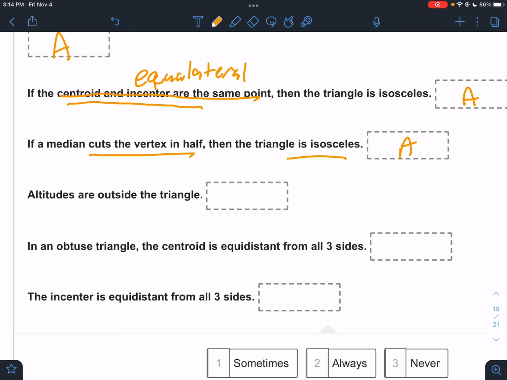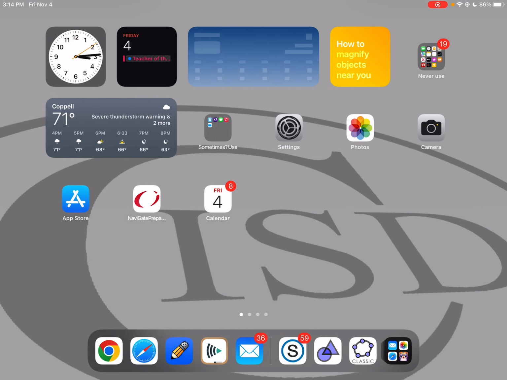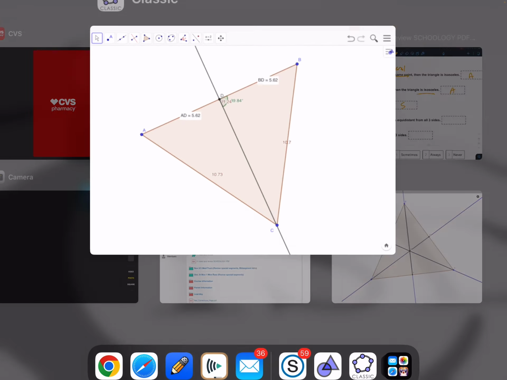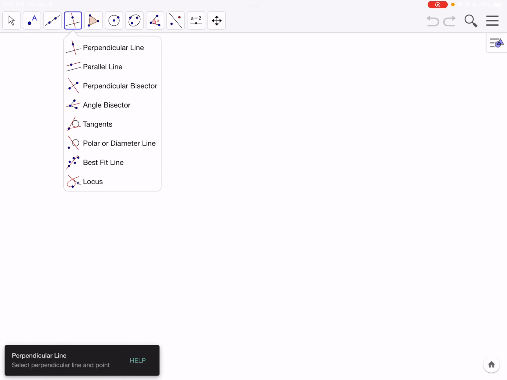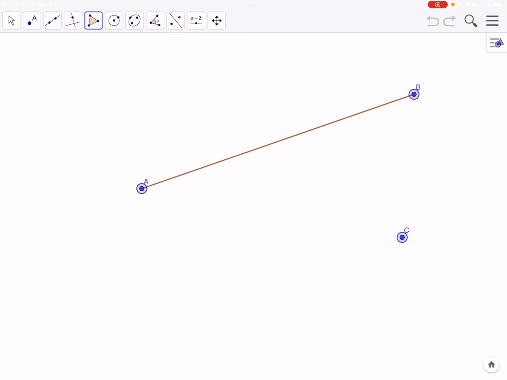All right. Altitudes are outside the triangle. Sometimes on an obtuse triangle, they'll be outside the triangle. We've definitely showed you that before. But like if I go over here, let's look at it real quick. If I make myself a triangle and I draw an altitude, so I didn't finish my triangle.